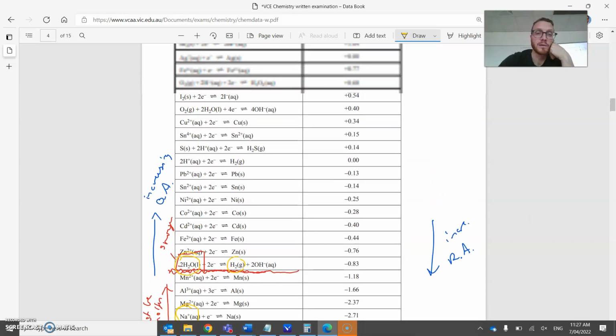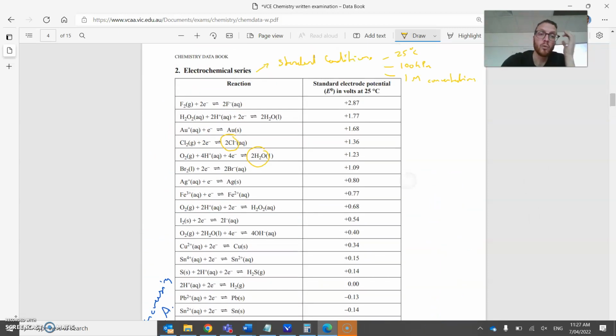At the anode, water is a stronger reducing agent than chloride. Water will preferentially oxidize to oxygen and hydrogen ions. So at the anode, we see a pH decrease and the formation of oxygen.